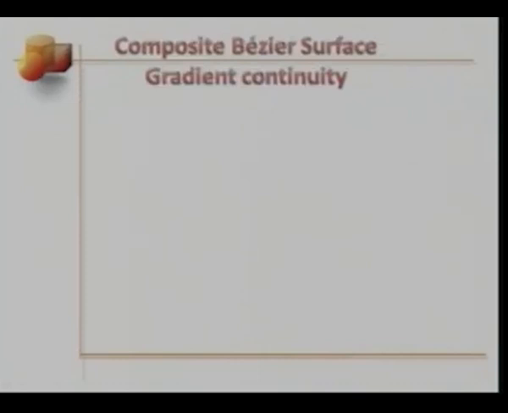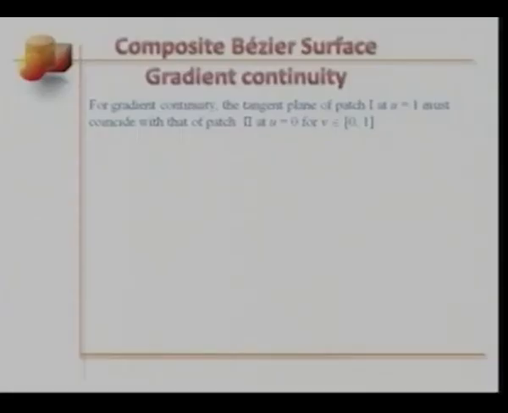Let's move forward and address gradient continuity across the patch boundary. For gradient continuity, the tangent plane of patch 1 at u equals 1 must coincide with the tangent plane of the second patch at u equals 0 for all values of v in between 0 and 1.